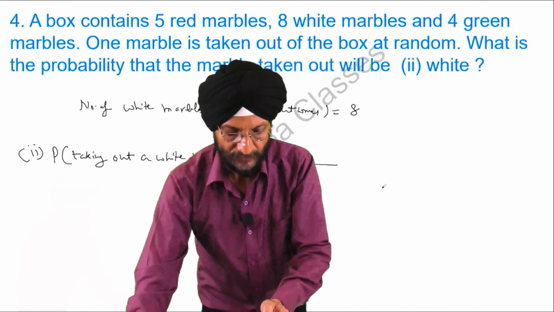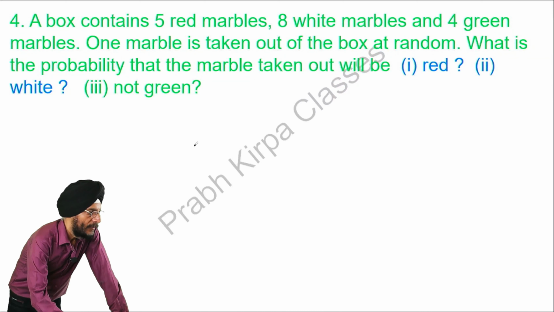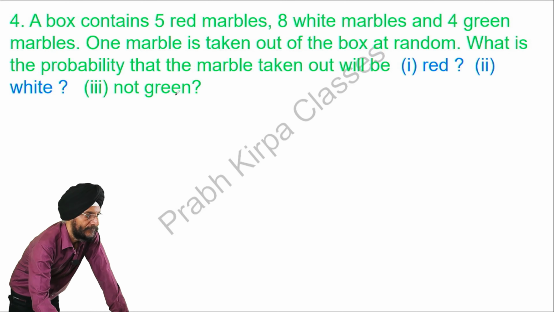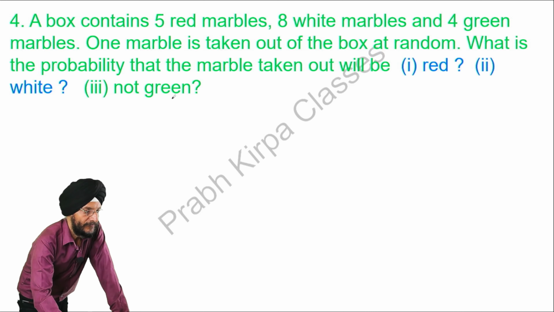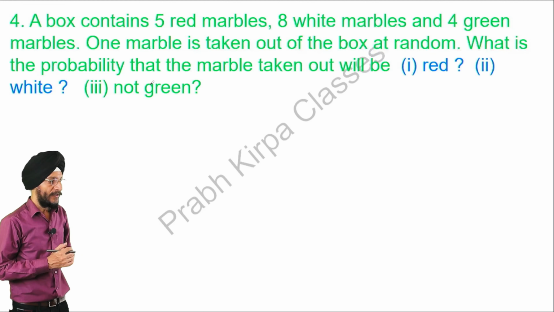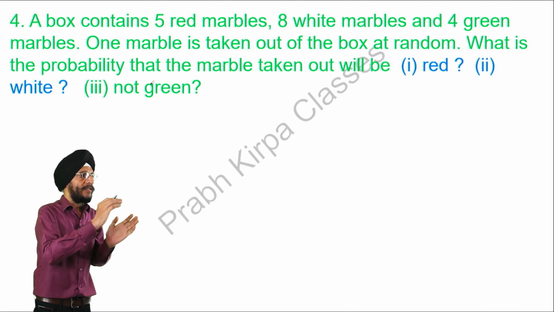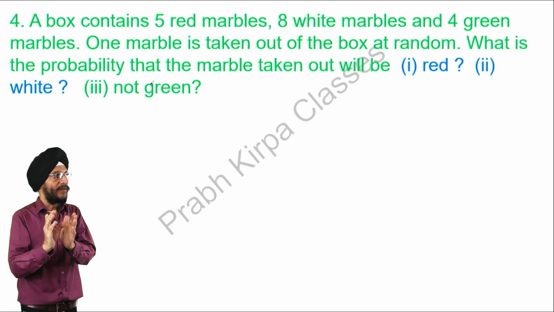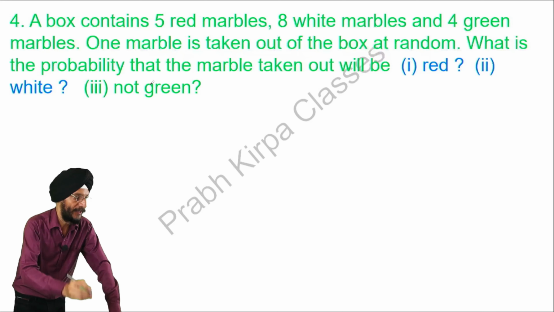So this is the second part of the question which we have done. So now we have to solve the third part, that the probability that the marble taken out will be not green. In other words, we can say that the probability we have to count pertains to that the marble taken out will be either red or white, but it will not be green.